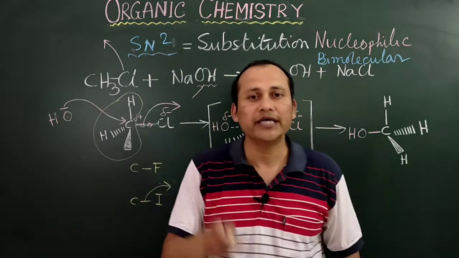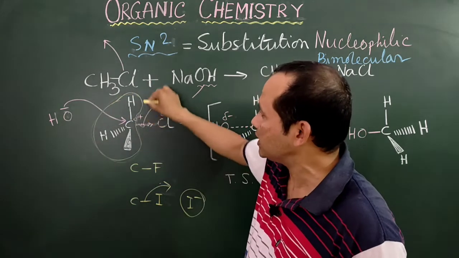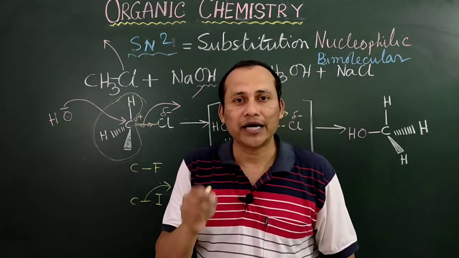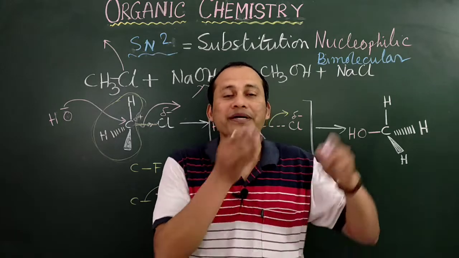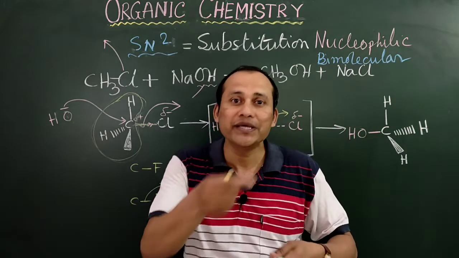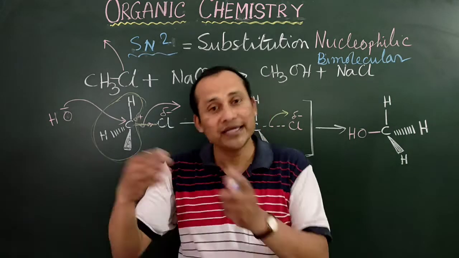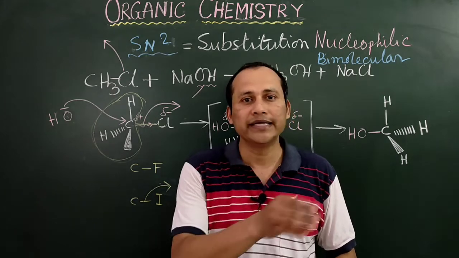So if in any compound we keep this one constant and change this one, then depending on the leaving group aptitude, the tendency to be cleaved, tendency to leave the system increases, then the rate of the reaction will also increase.